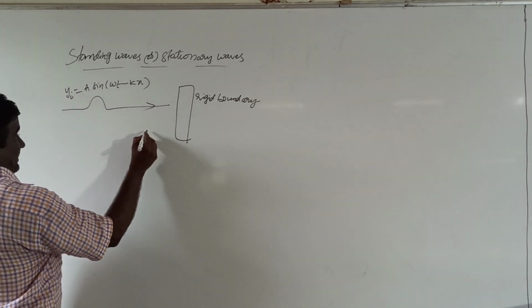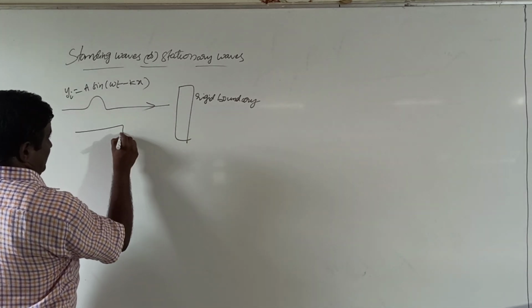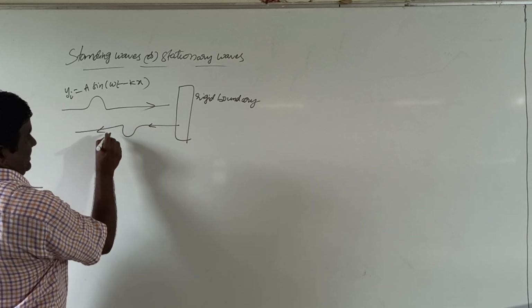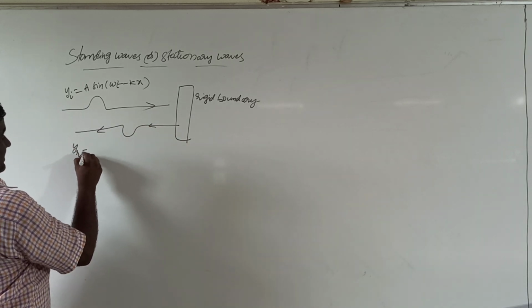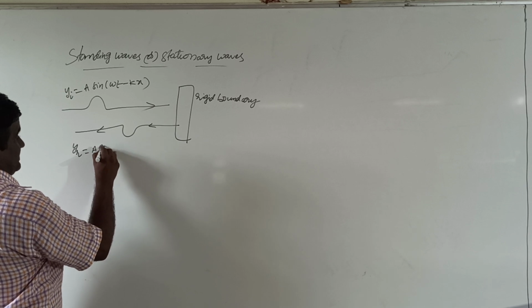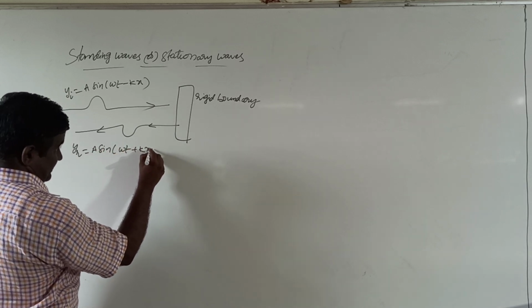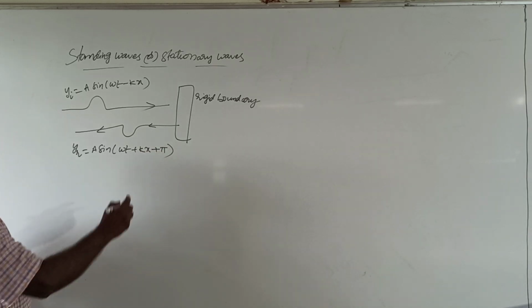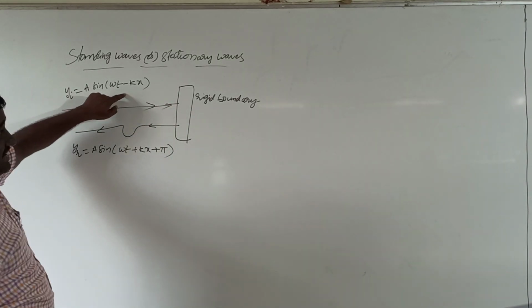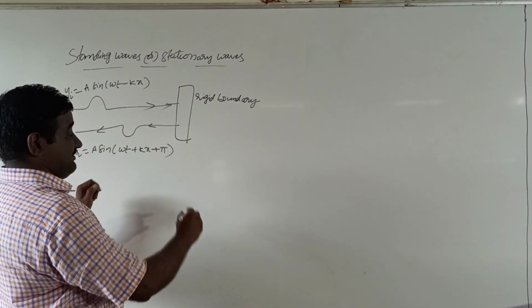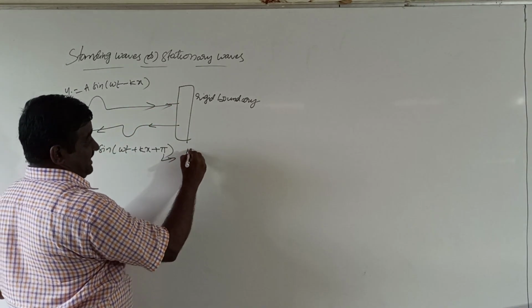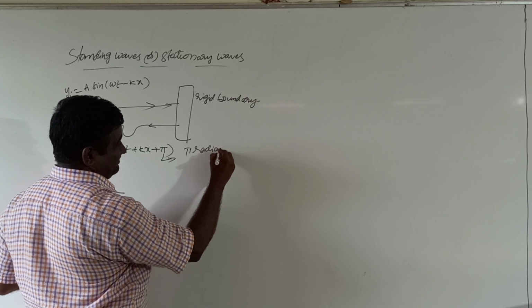The reflected wave across the rigid boundary, as shown here, has the equation yr equal to a sin(omega t plus kx plus pi radians), because a progressive wave undergoing reflection across the rigid boundary suffers a phase difference of pi radians.